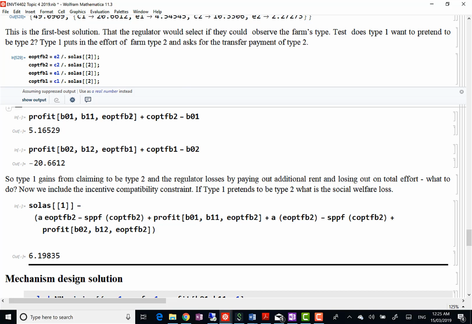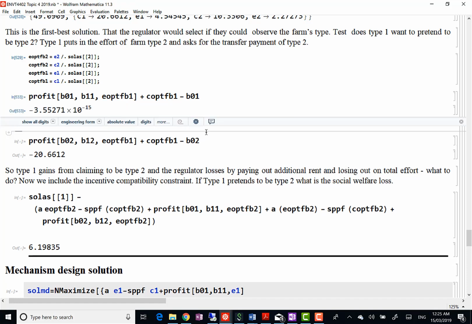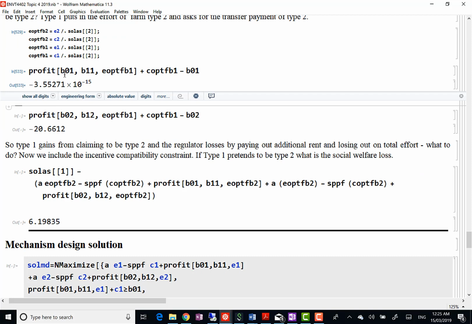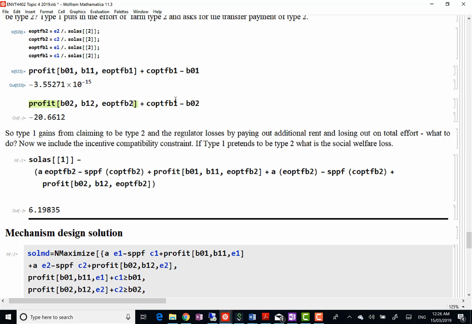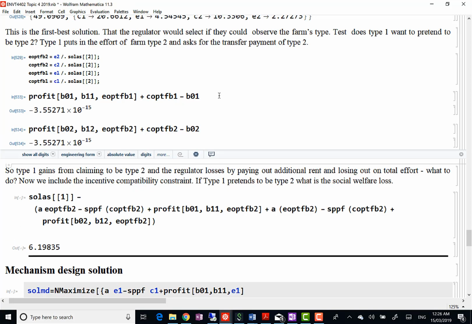So if we revert that back to farmer 1 getting the contract that's intended for them, then that number is 0. That looks like a strange number. It's 10 to the minus 15. So that's 0. And similarly, if farmer 2 gets the contract that's intended for farmer 2, then their profit is 0.